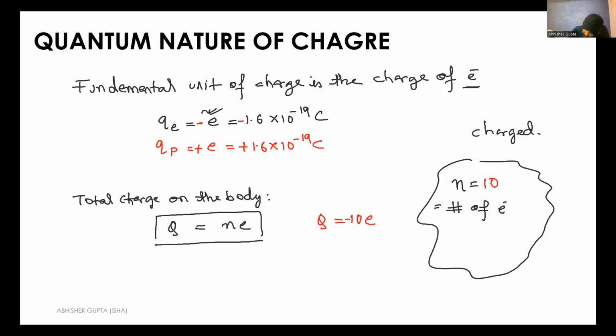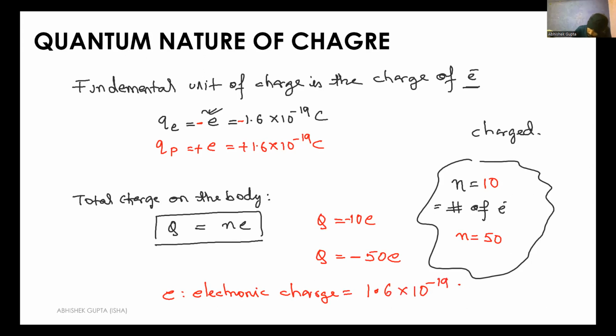If there are 50 electrons, the charge will be 50 times e with a negative sign. And e is the electronic charge, whose magnitude is 1.6 into 10 to the power minus 19 coulomb. Story over. This is what we call quantization of charge. Okay, let's move further.